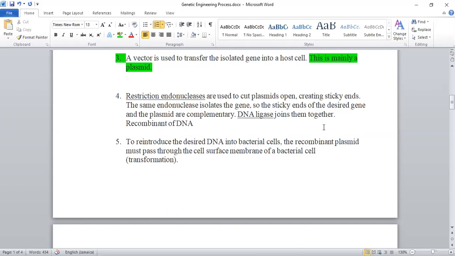So we need to get that recombinant DNA into our bacterial cell. To reintroduce the DNA into the bacterial cells, the recombinant plasmid must pass through the cell surface membrane of the bacterium, and that is known as transformation.